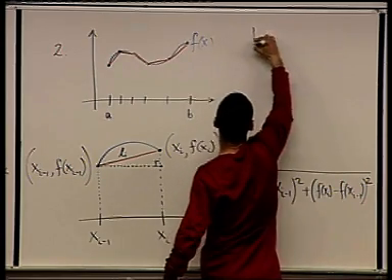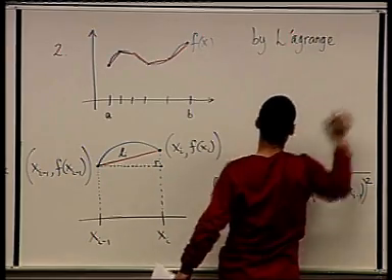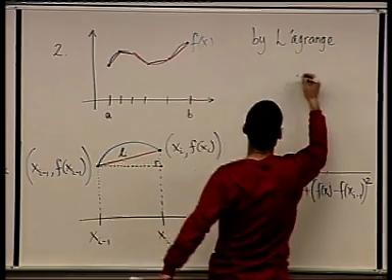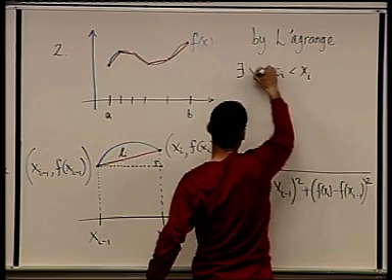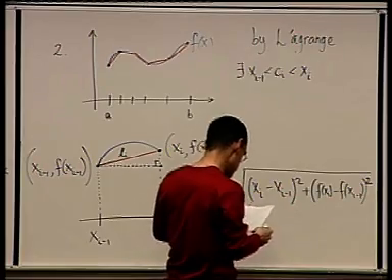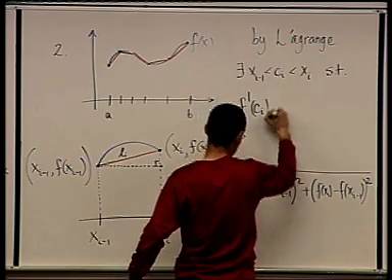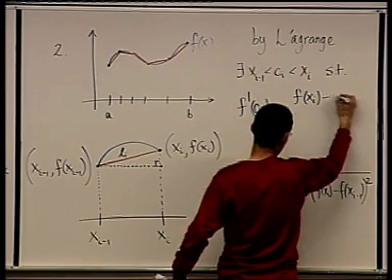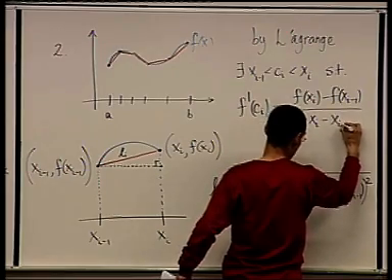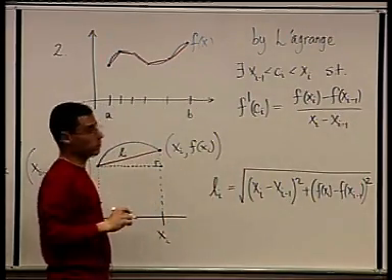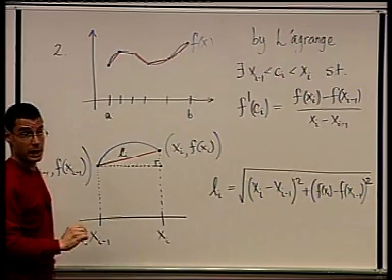By Lagrange, there exists a ci between xi minus 1 and xi such that f prime at ci equals f at xi minus f at xi minus 1 divided by xi minus xi minus 1.